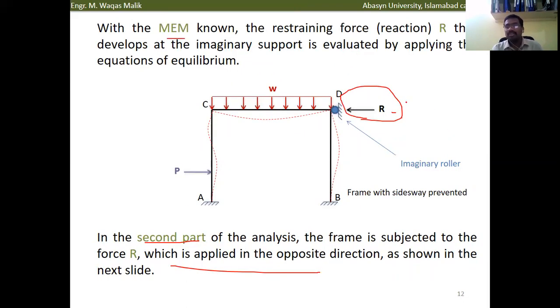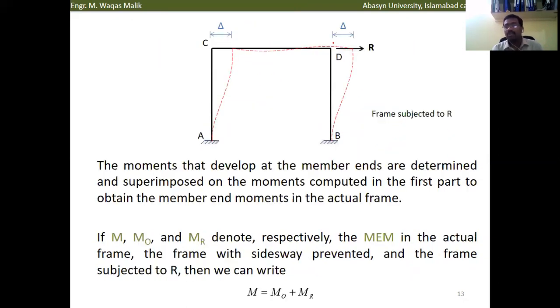Like in this case, if the direction is going towards the left, we are going to apply this force towards the right, because in reality our frame is going to sway towards the right if there is no side sway prevented by the roller support. So we can say that we are going to develop three moments in any side sway frame.